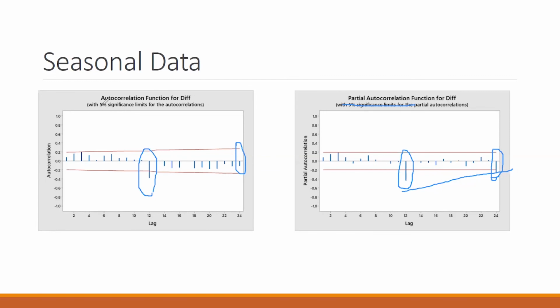But for autocorrelation, we can say it is cutting off because only the first seasonal lag, number 12, is significant, and then when we move to lag 24, it is insignificant already. And therefore, we are looking at a seasonal MA1 process. Remember, for partial autocorrelation dying out and autocorrelation cutting off, that's an MA process.